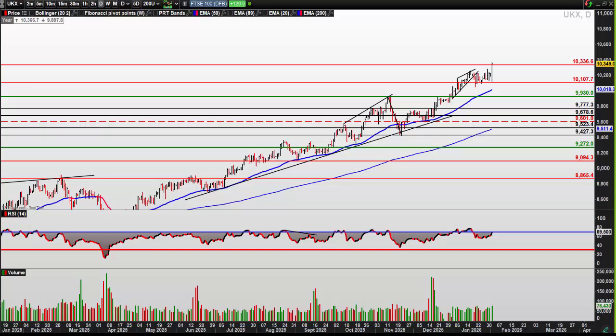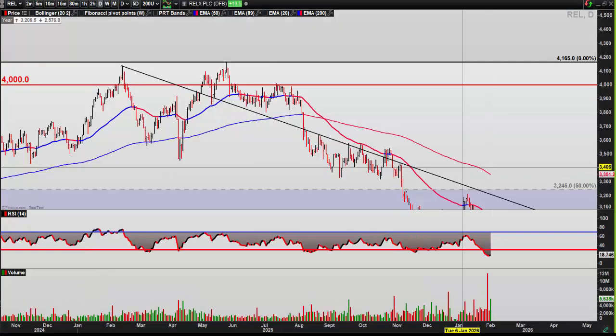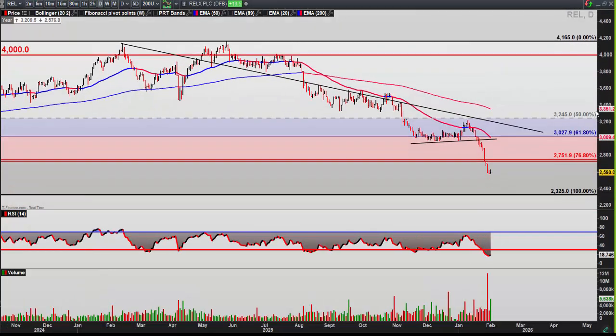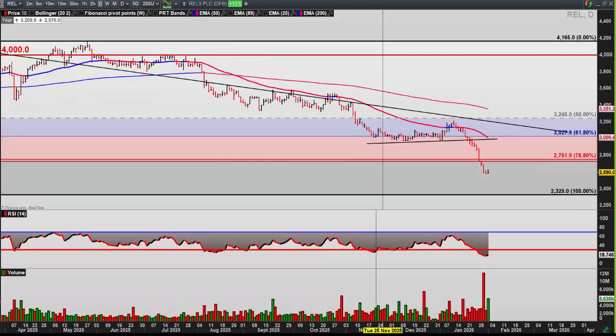And let's look at my nemesis, my most recent nemesis, and that is RELX. Now if you look at this bar here, it's showing a decent amount of volume, and I don't know why, because intraday it's not showing any volume. So I don't understand why that is showing a spike.